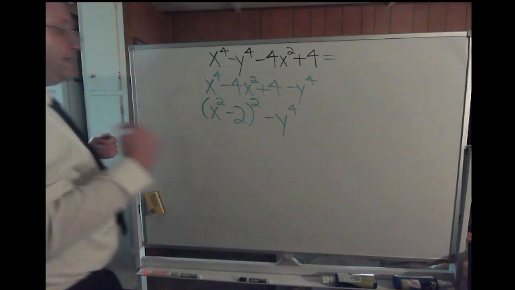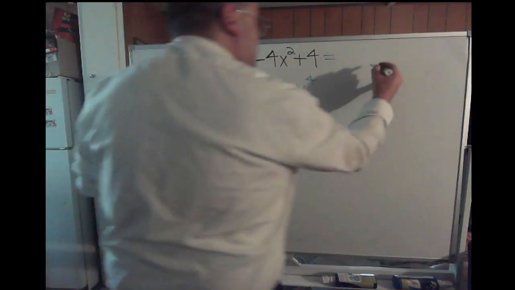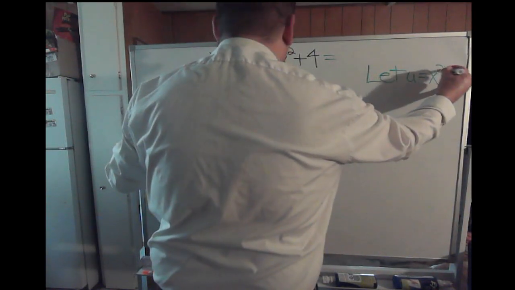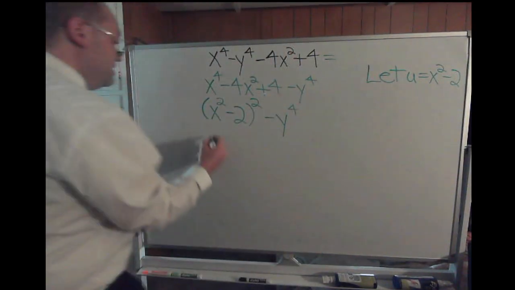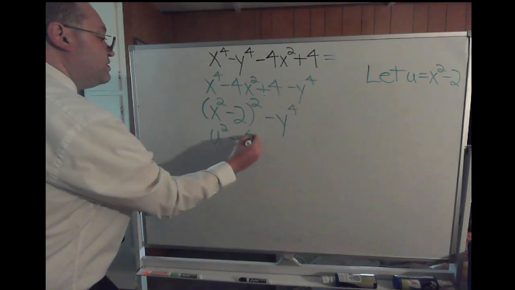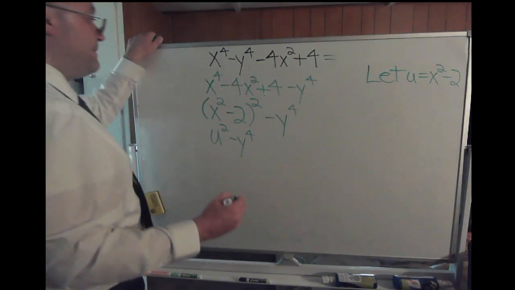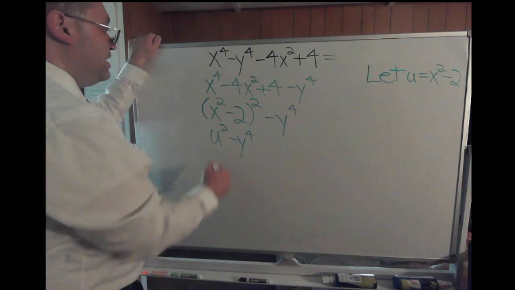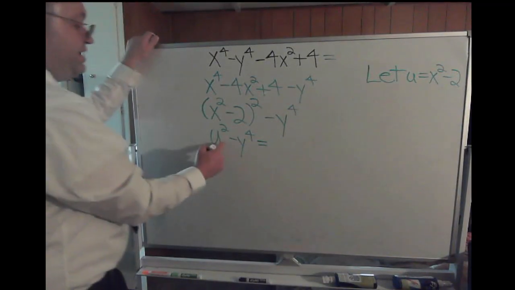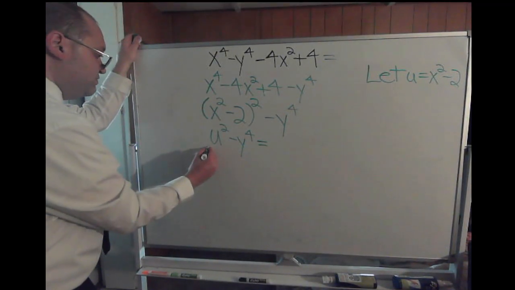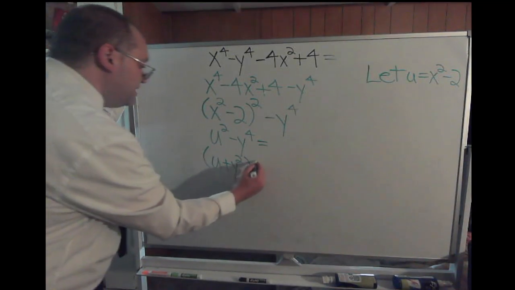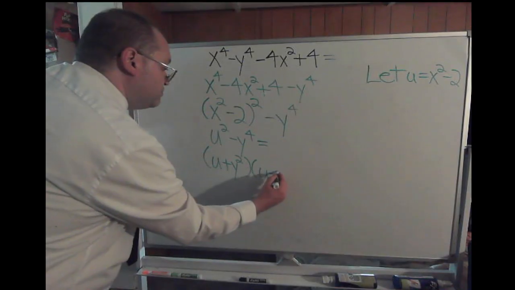What you want to do now, I would do a u substitution. Let your u equal x to the 2nd minus 2. So you would get u squared minus y to the 4th. Alright, so if we do the factorization of a difference of two squares, you get u plus y to the 2nd times the quantity of u minus y to the 2nd.